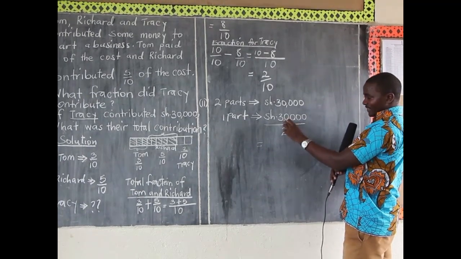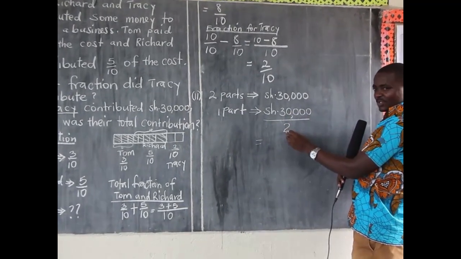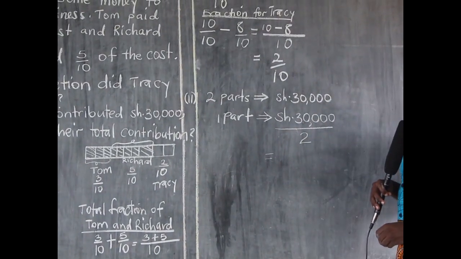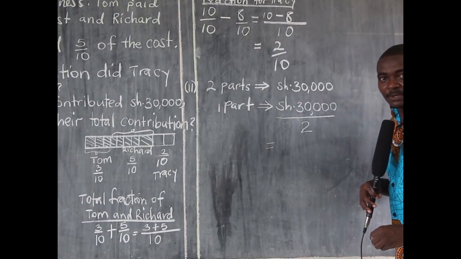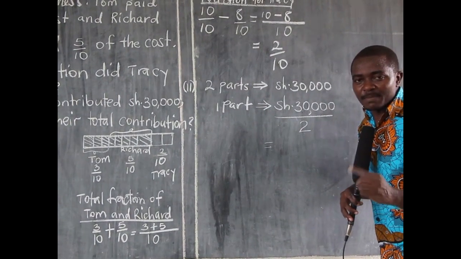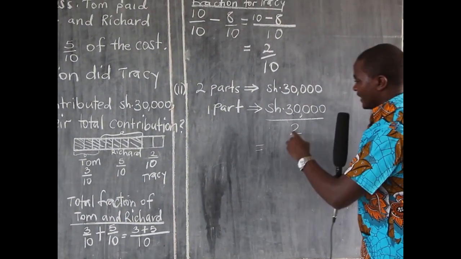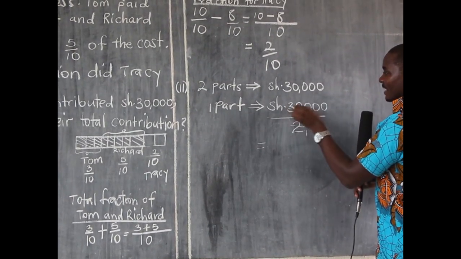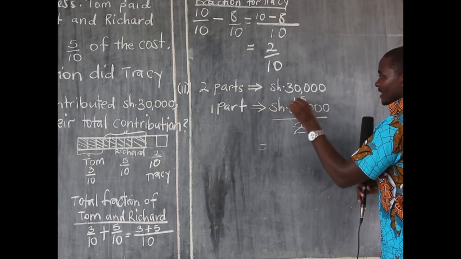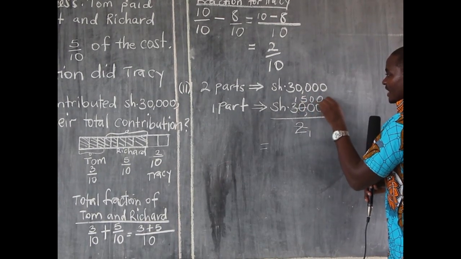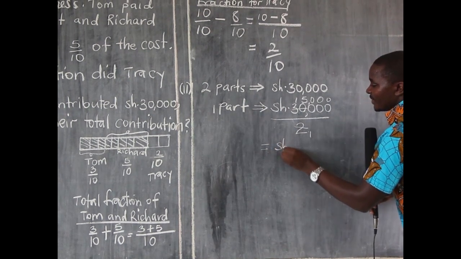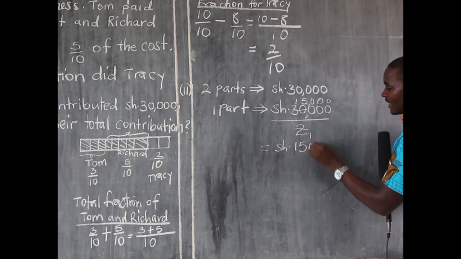We can see that 30 divided by 2. How many times can 2 go into 30? Think about that. Who can tell me the answer? 30 divided by 2 is 15. So you'll get 15,000. So that means one part represents 15,000.